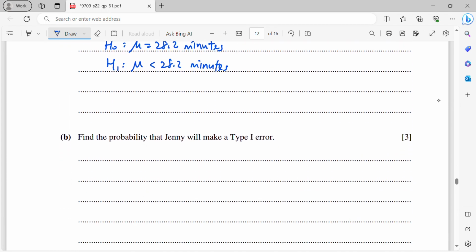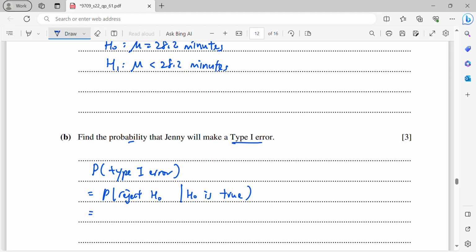Now B, find the probability that Jenny will make a type 1 error. Okay, now what is type 1 error? Type 1 error is basically the probability that, given H naught is true, we reject H naught. So that is a type 1 error.